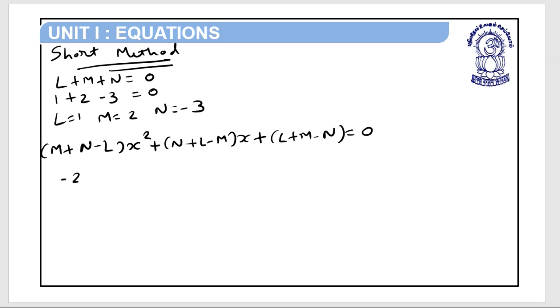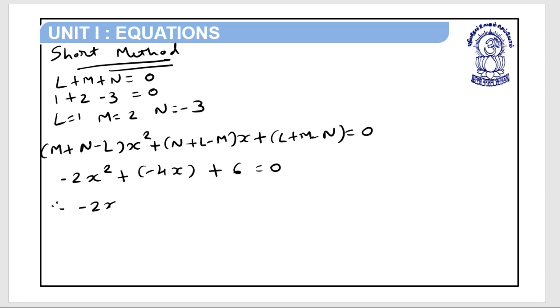With m 2, n minus 3, l 1: minus 2x square, plus n plus l minus m, that is minus 3 plus 1 minus 2, so minus 4x, plus l plus m minus n, that is 1 plus 2 plus 3, so 6, is equal to 0.